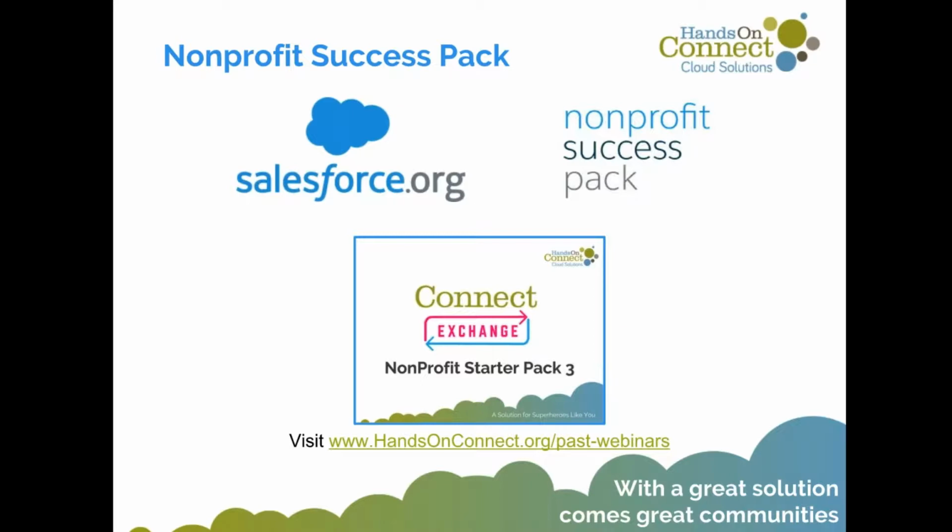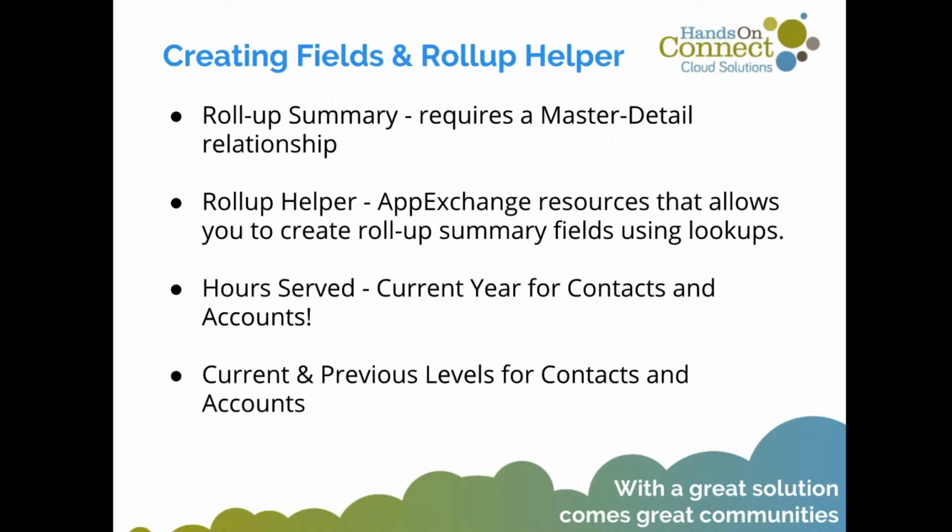During today's effort, we are going to be taking advantage of some of the functionality from the Nonprofit Success Pack and building it into Hands-on Connect. In order to do this, we are also going to be creating some fields in Salesforce, and I'm going to walk you through some of those.